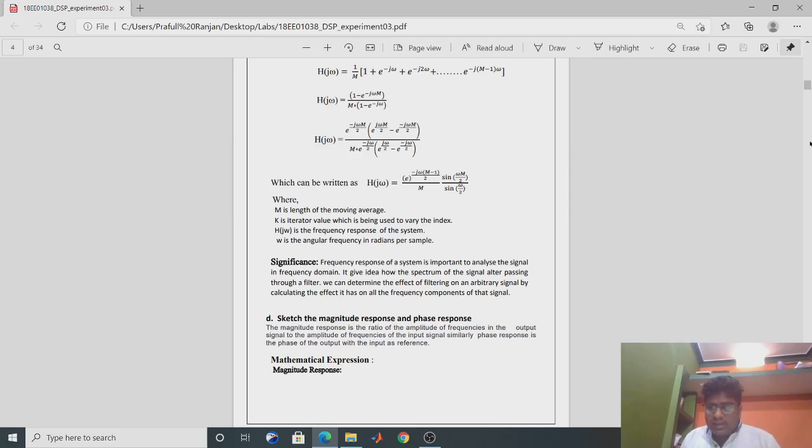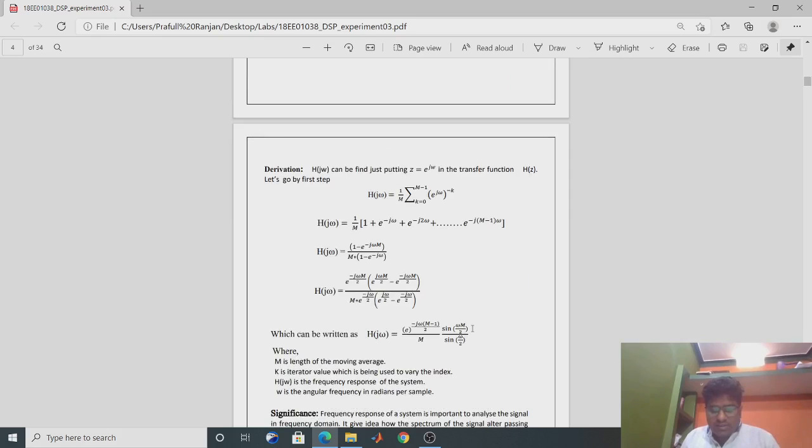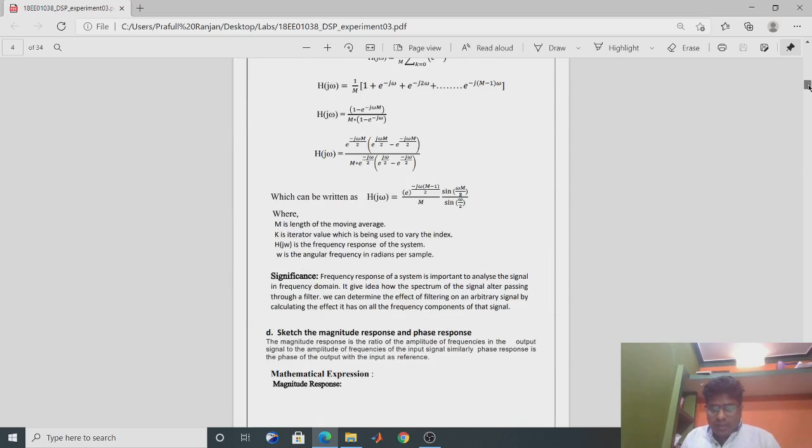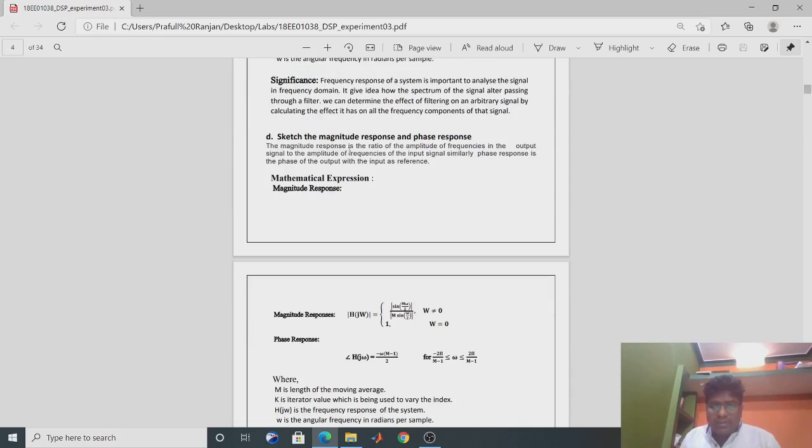After calculating, this is the frequency response, and now we have to assess the magnitude response and phase response. Magnitude response is nothing but the absolute value, the magnitude, of the frequency response, and the phase response is the angle of that.